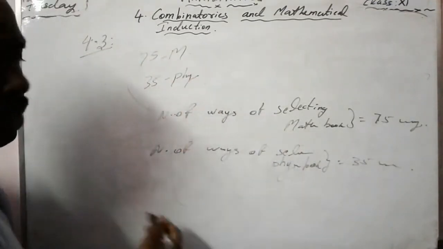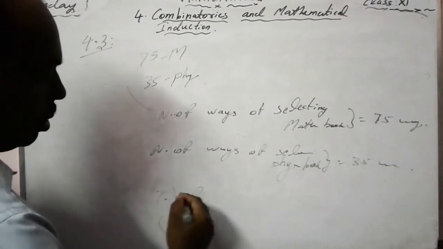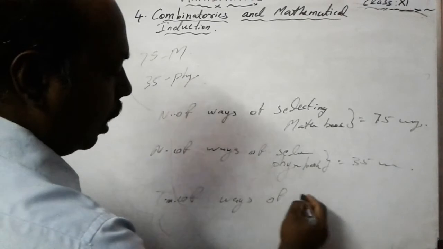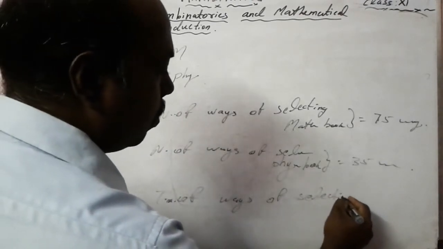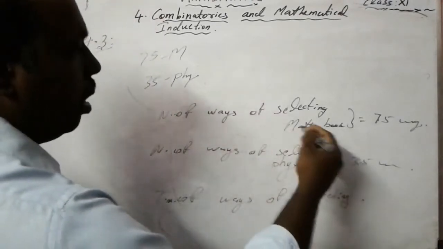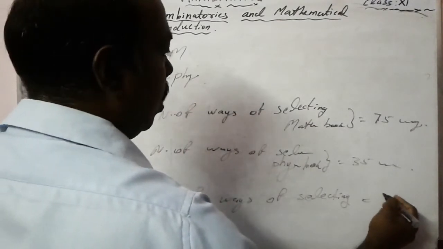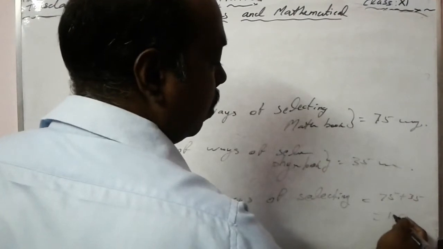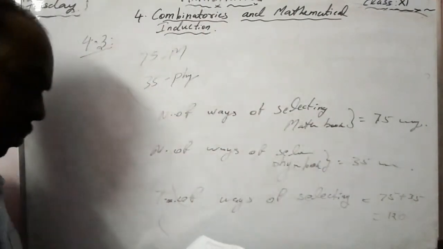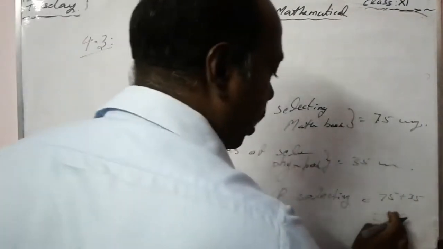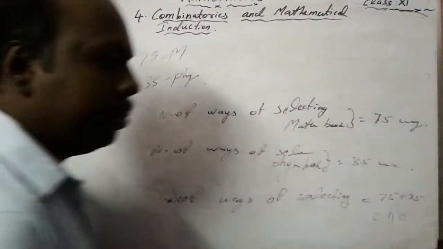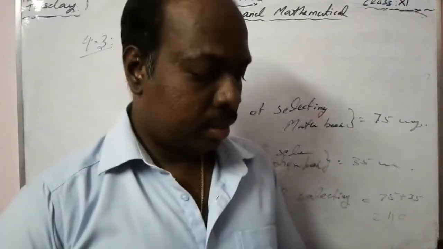So if you want to select a mathematics or physics book, the total number of ways is 75 plus 35, that is equal to 110 ways.